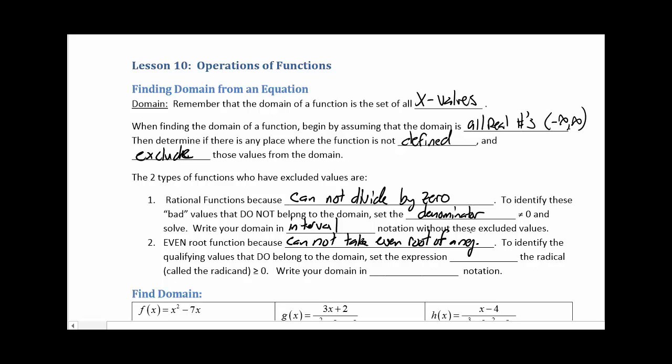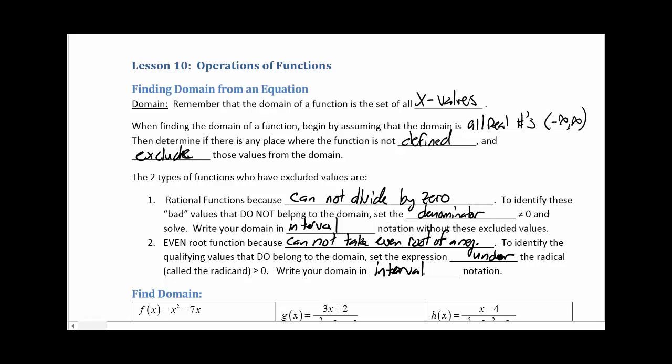So to identify these qualifying values that do not belong to the domain, we're going to set the expression under the radical, called the radicand, greater than or equal to 0, and then we're going to write our domain in interval notation.